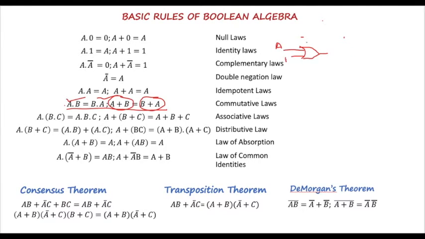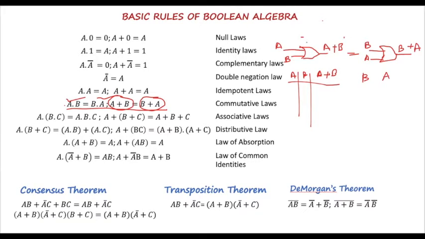Now go to the second one. Two inputs are A and B. So A ORed with B, which is A plus B, equals B ORed with A, that is B plus A. This is the truth table of A plus B. You all know the truth table of the OR gate, as I also discussed earlier.